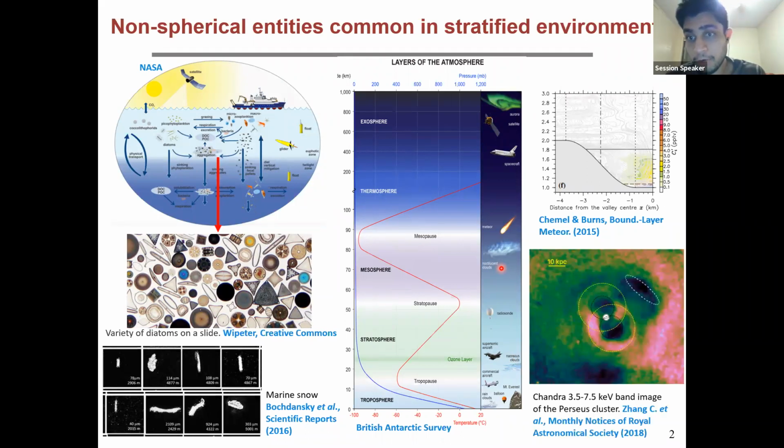And if we go to a cosmic level, this photograph shows a bubble inside the gas, and this bubble also experiences a variation in the density. So it is an interesting problem to look at.